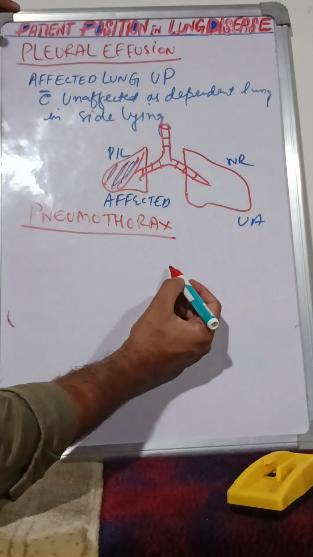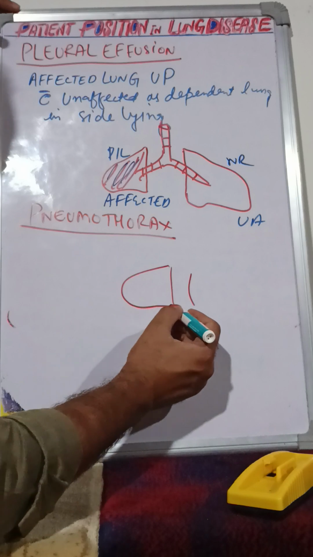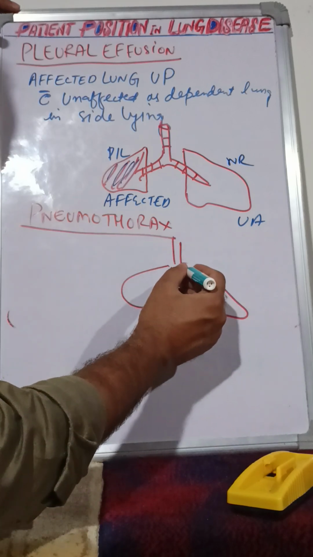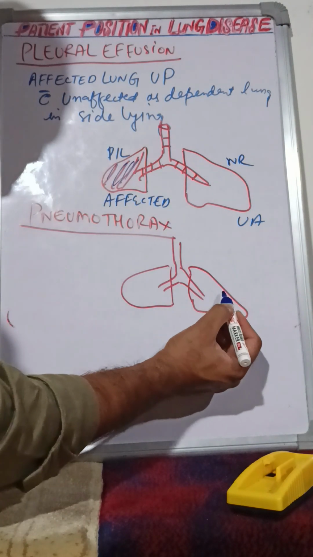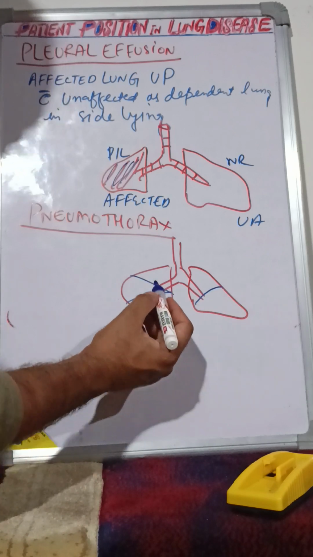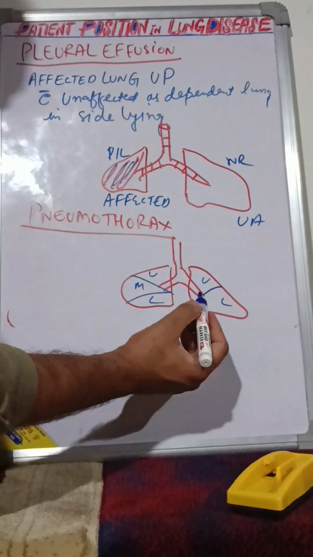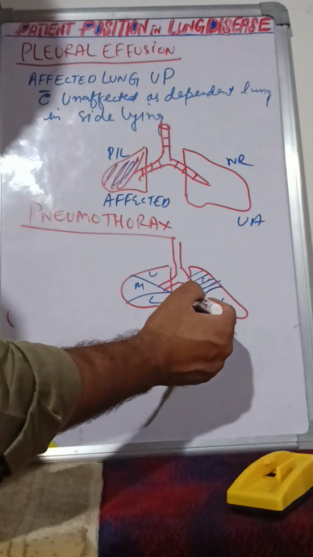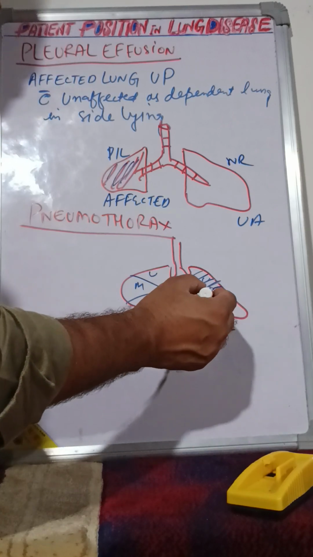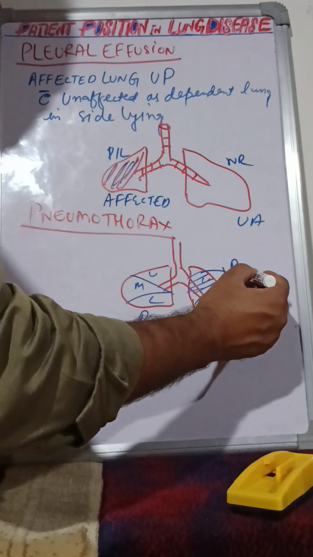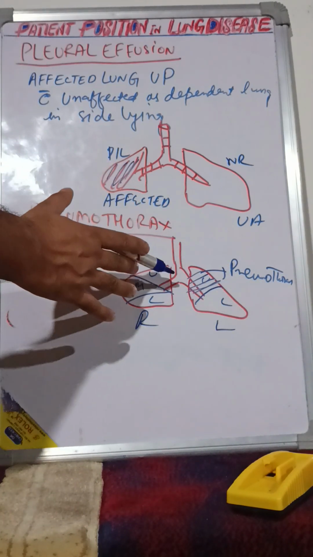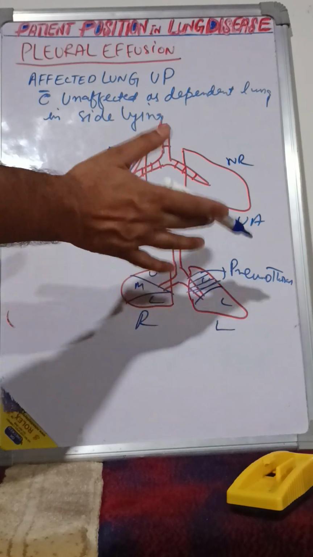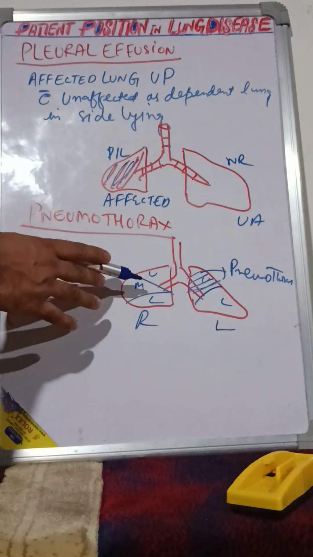For example, if these are the lungs and two primary bronchi, and this is the affected side lung, if this lung is having the pneumothorax, you will keep the patient in side lying position with the pneumothorax side lung upwards, and the normal lung will become dependent.